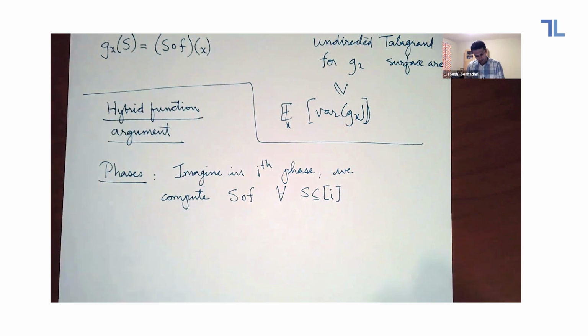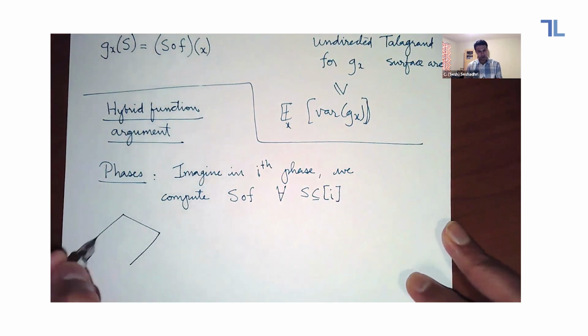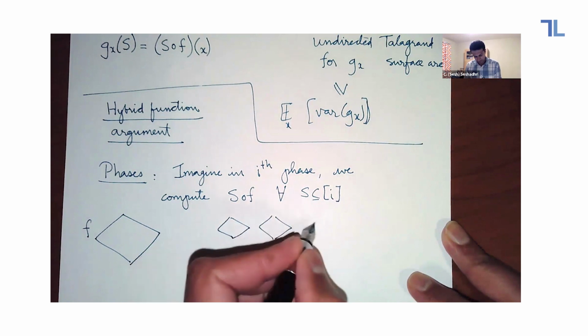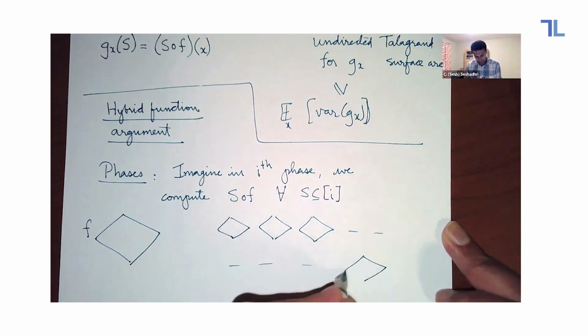The picture that I want to draw is, let's think of this as the original function f, and here are all the tracker functions, the tracker functions g of x.